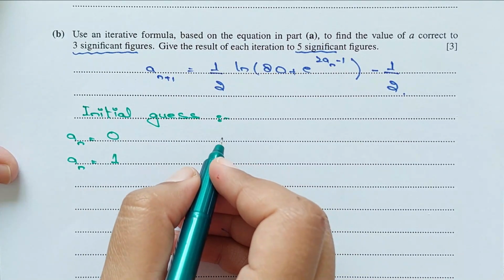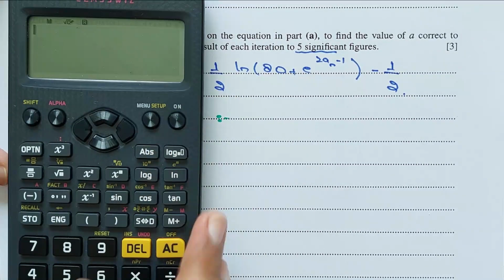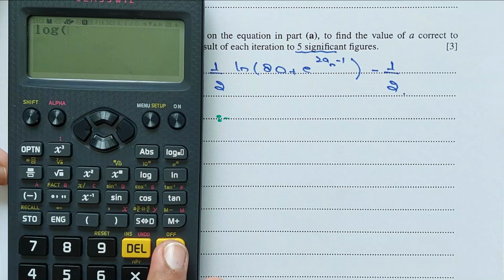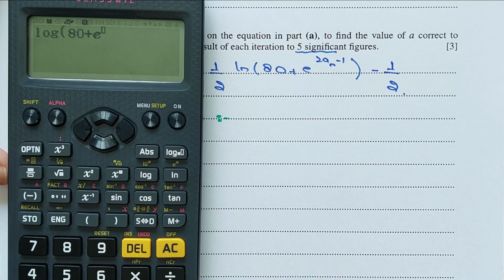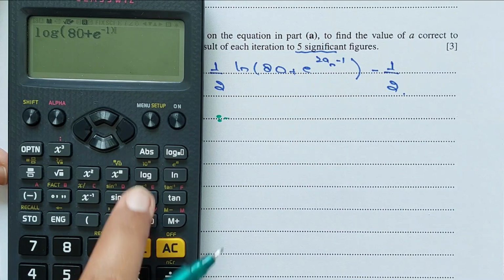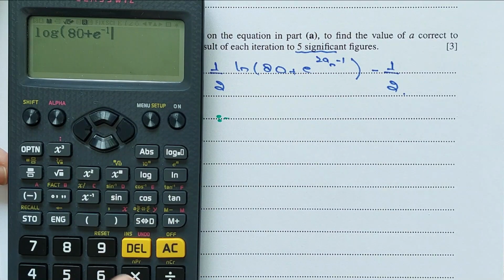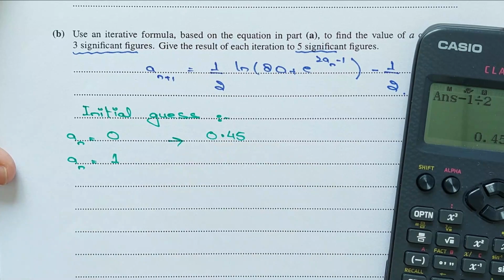So substituting the value over here, ln of 80 plus e^(−1), divided by 2, subtract 1/2, which is 0.45.